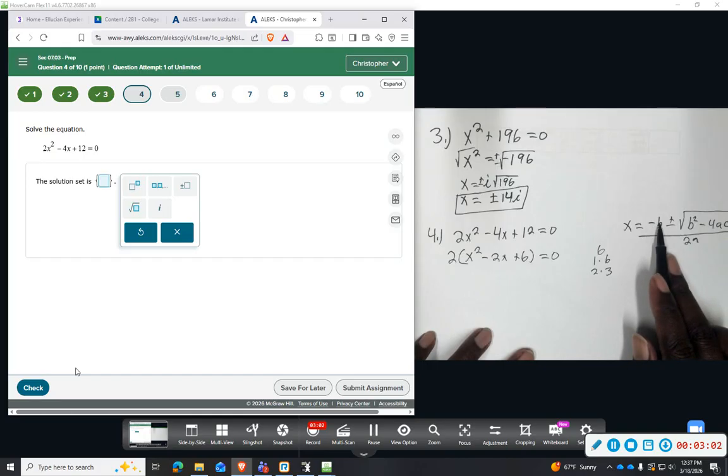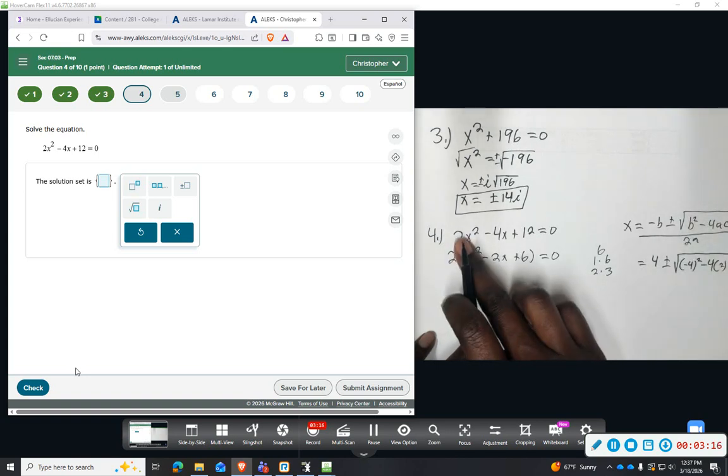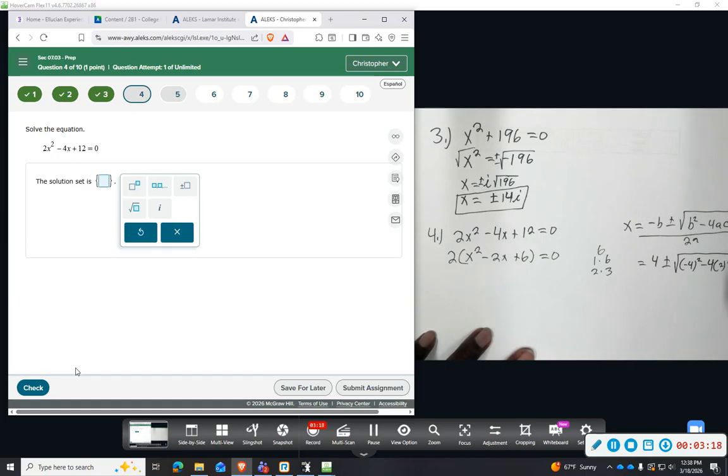Opposite of negative 4 is going to be a positive 4. A is 2. C is 12. And all of this is divided by 2 times 2.